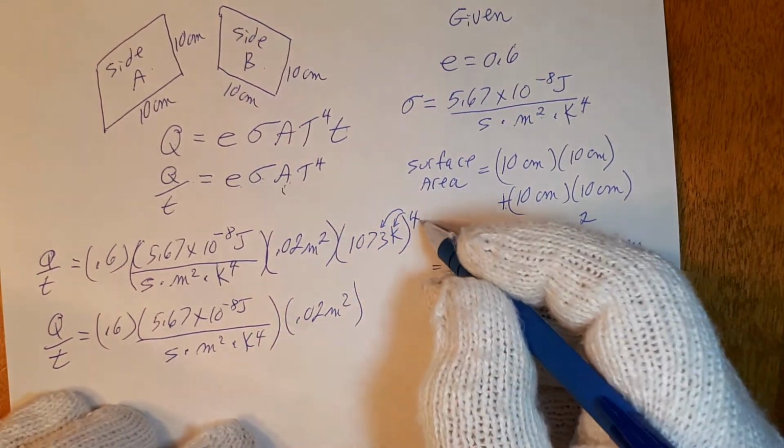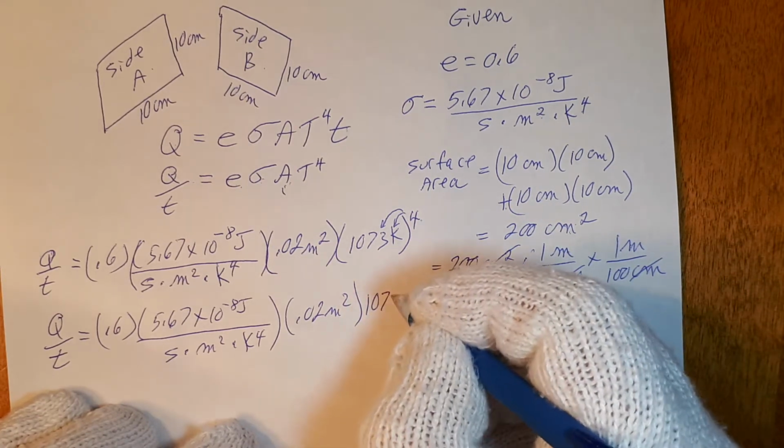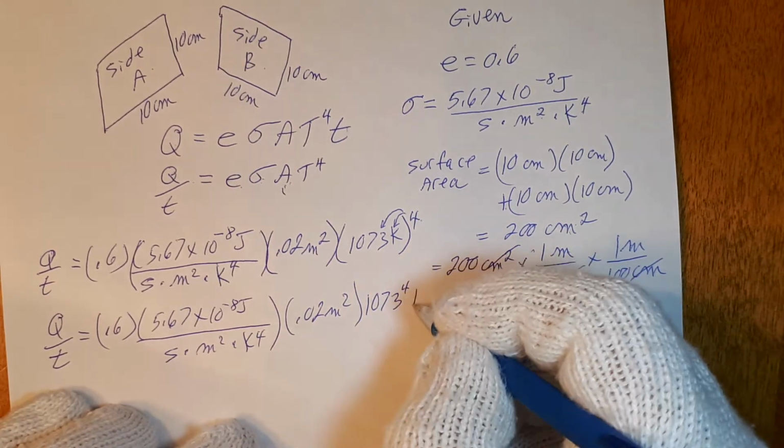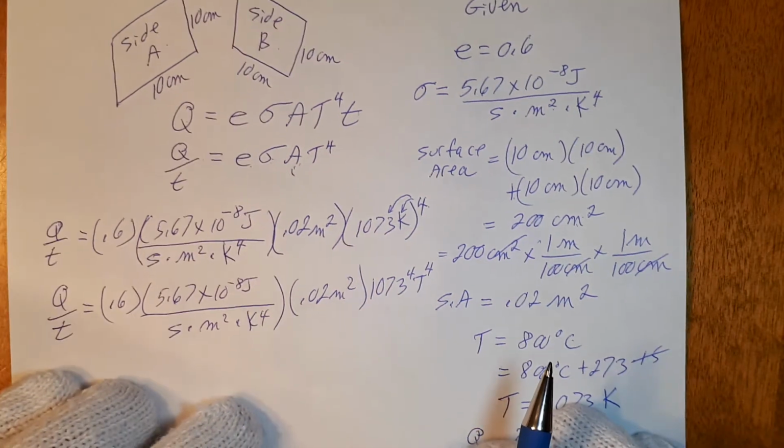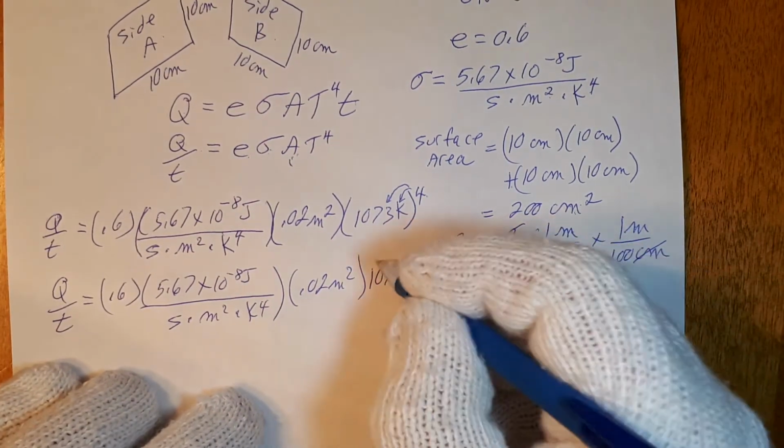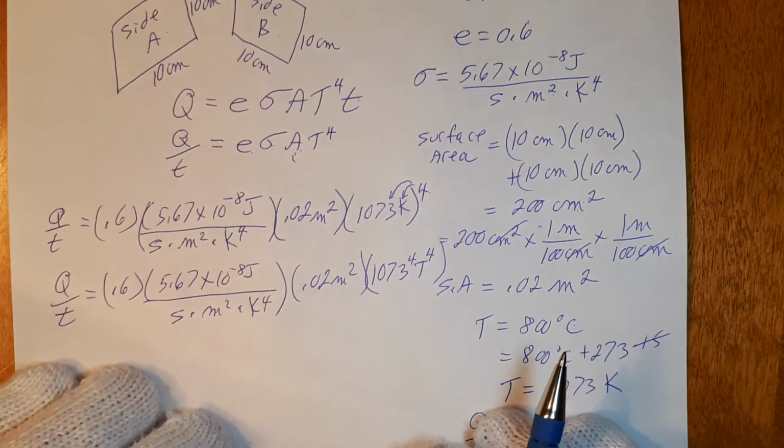And rewriting this one without the power is 1073 to the power of 4, temperature to the power of 4, removing the brackets. And everything here is multiplied.